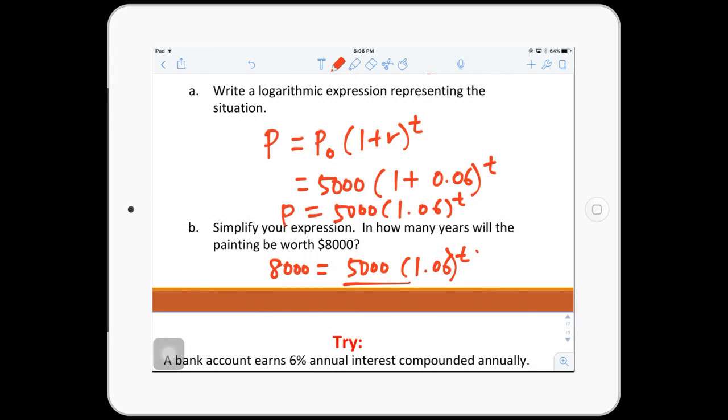First thing we need to do is divide by 5,000 on both sides, and we have 1.6 equals 1.06 to the t power. The next thing we need to do is bring that t down. So we're going to apply the log base 1.06, because we know that log base 1.06 and 1.06 are going to cancel out. So we have t is equal to log base 1.06 of 1.6.